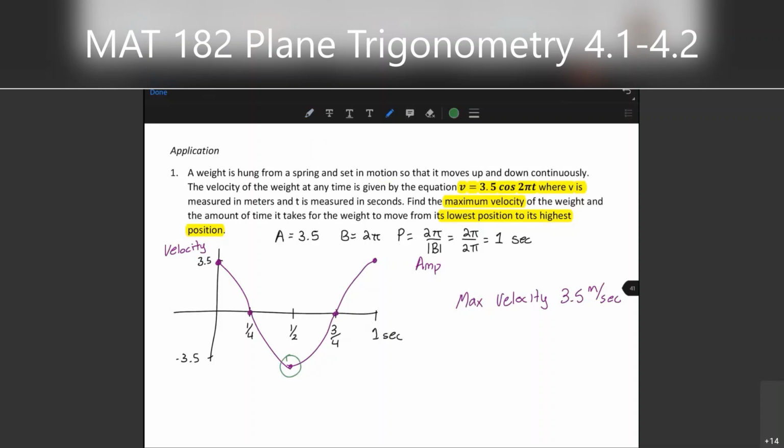And its highest position, or its highest speed, would have to be just 1/2 of a second. For that second part, 1/2 second or 0.5 seconds. Excellent.